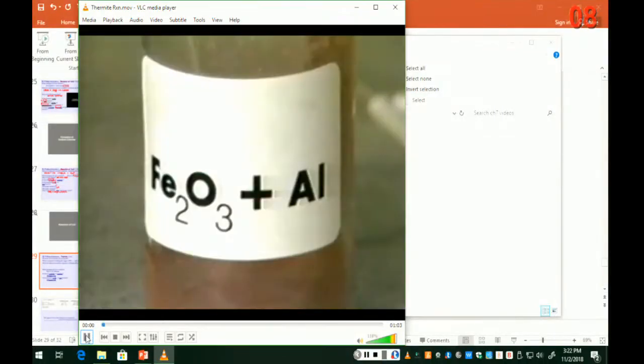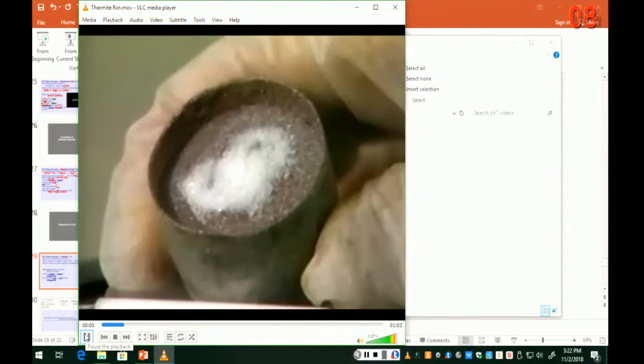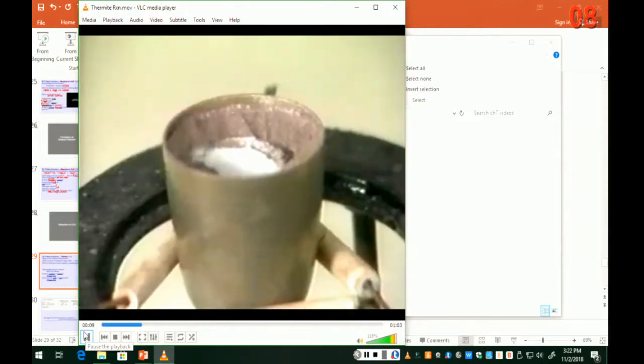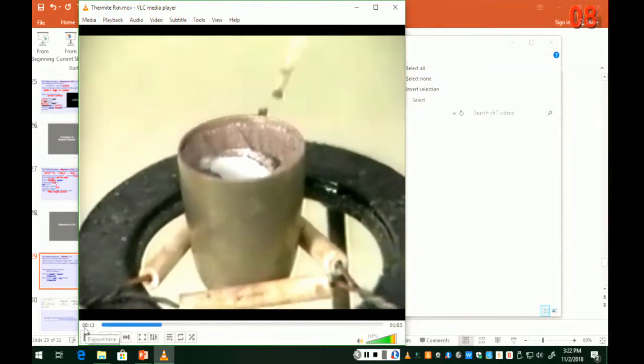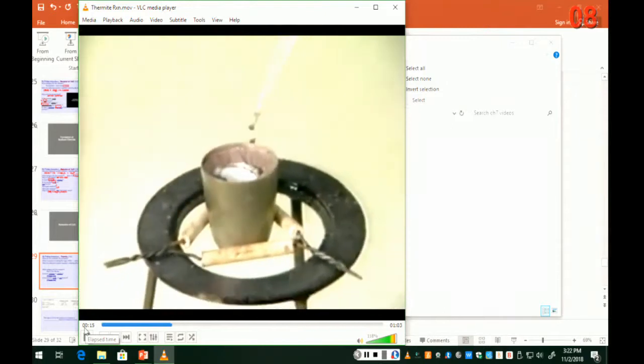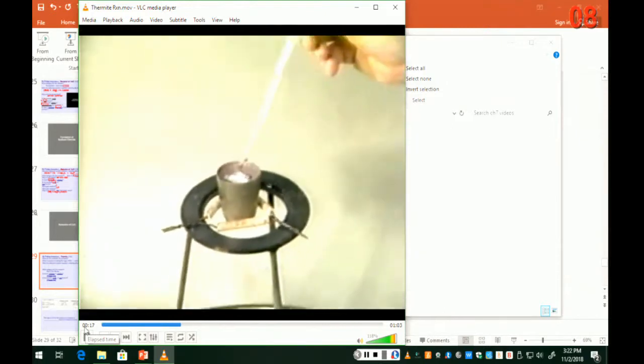Okay. A metal crucible is filled with iron oxide and aluminum. A small amount of a white mixture of potassium chlorate and sugar is placed on top of the iron oxide aluminum mixture. A few drops of concentrated sulfuric acid are added to the chlorate sugar mixture to start the reaction. The reduction is extremely exothermic and proceeds with a shower of white sparks. The crucible becomes red hot.